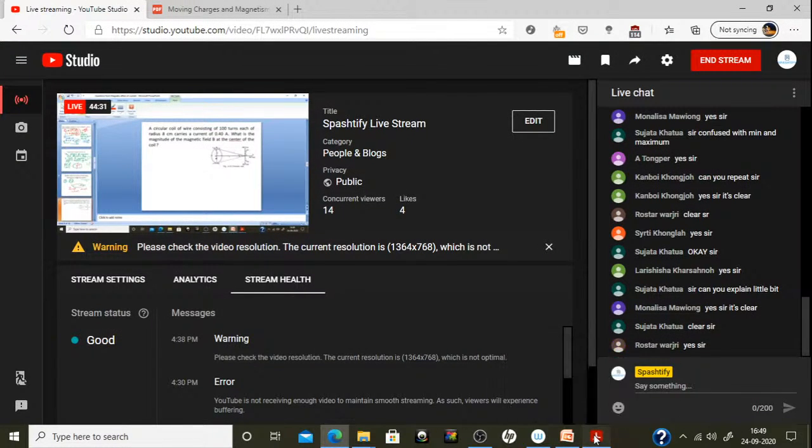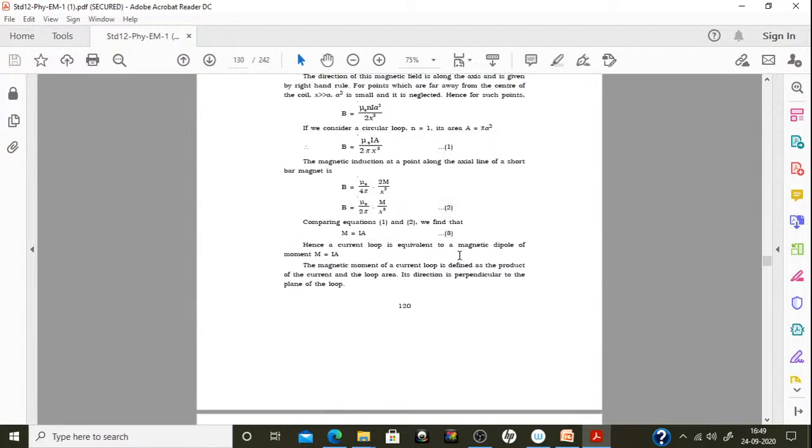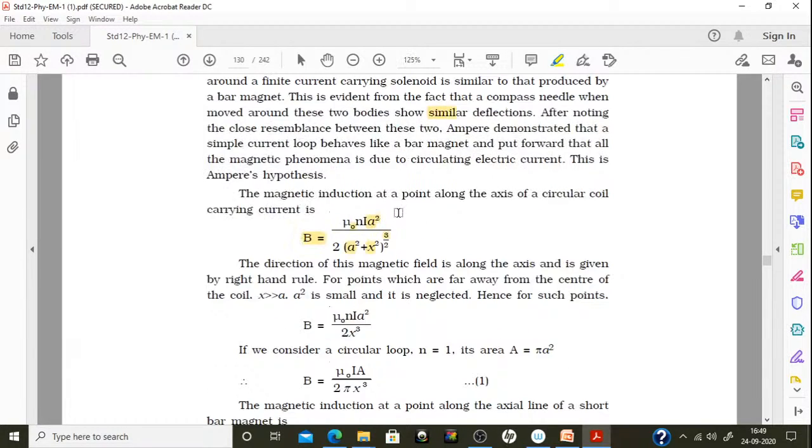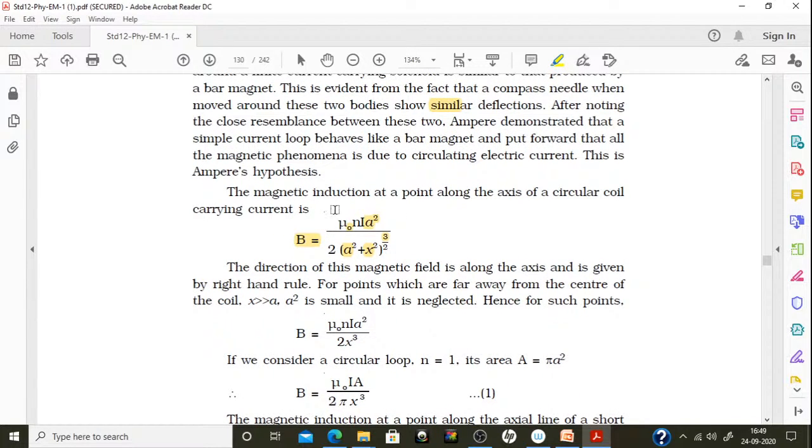Okay, so right, so I think in that you find this one, right? This is, if you can see, the magnetic field at a point at a distance x from the center of the coil.